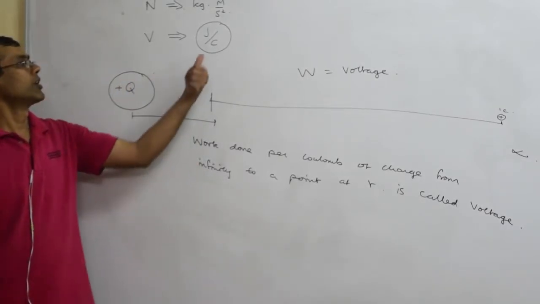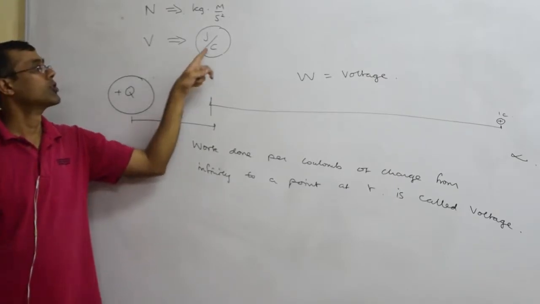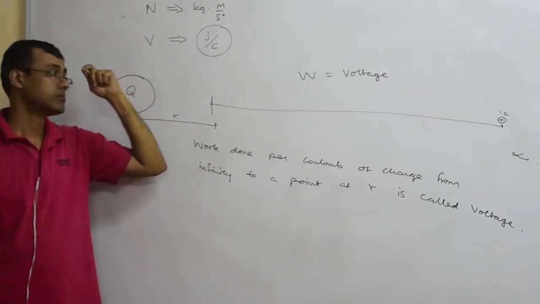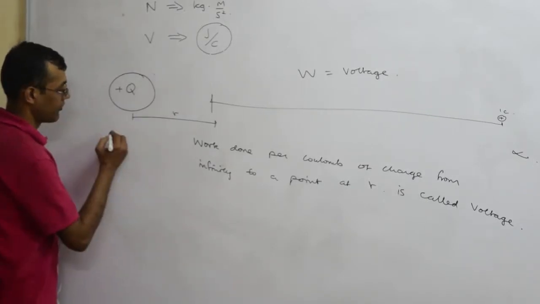So now does this make sense? Joule per coulomb. So how much work you are doing to push 1 coulomb, per coulomb, right? So this is the definition of voltage.